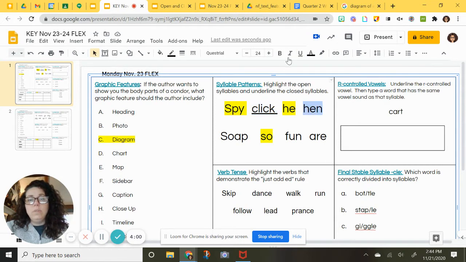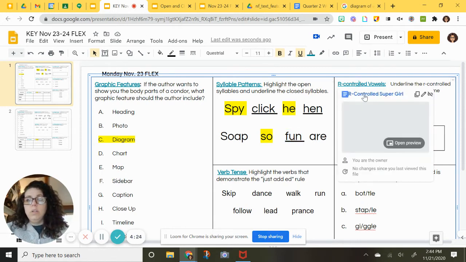Is a short sound. Underline. Soap. O, not short. Fun. Yes, is a short sound. And I think I already told you this would be considered a sight word or possibly an R-controlled syllable. Moving on. There we go, R-controlled.